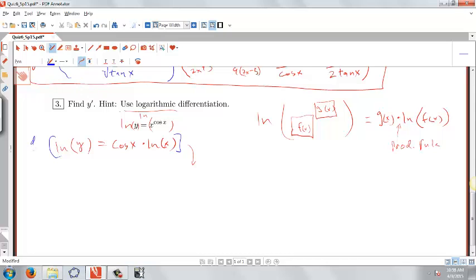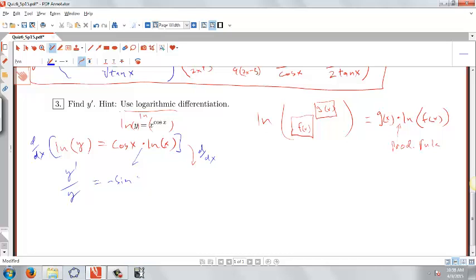Now, if I take the derivative of both sides, here I am switching up the colors, d dx. Remember, there's no derivative in the red part there. So I'm taking d dx, and what is that going to look like? Here's y prime over y, and that's going to equal, oh, we have to use the product rule. What's the derivative of cosine?